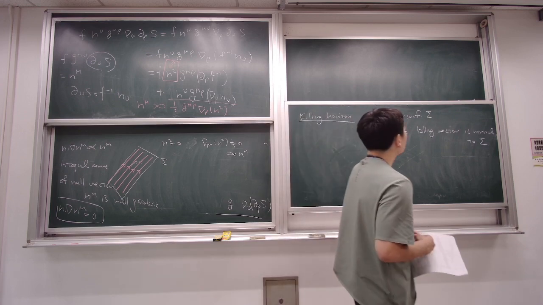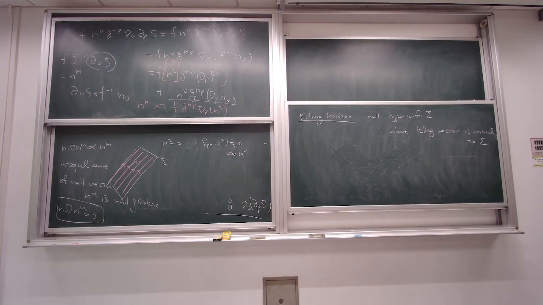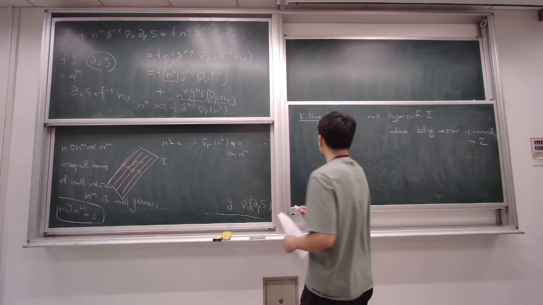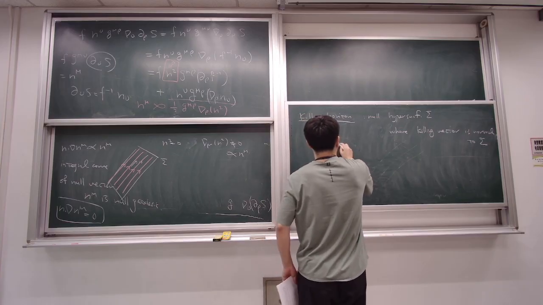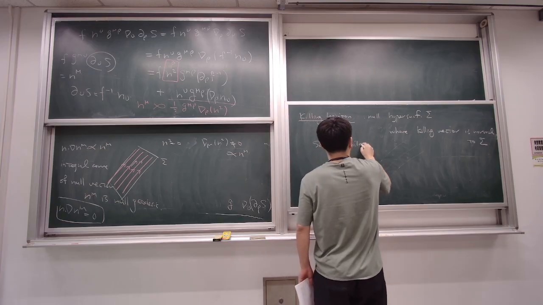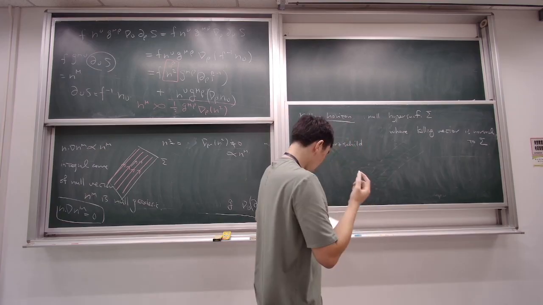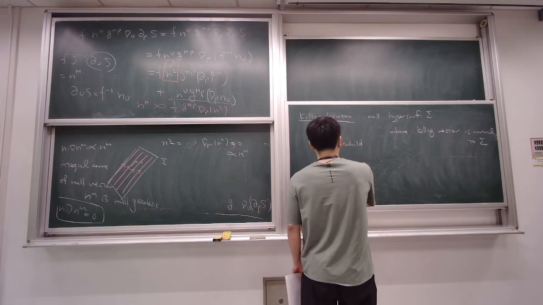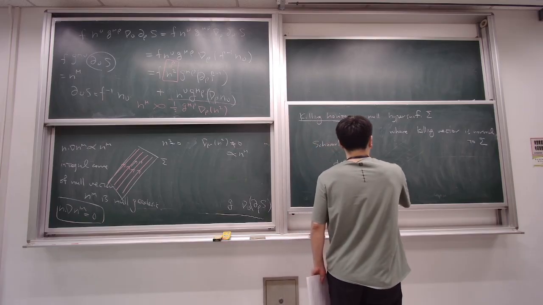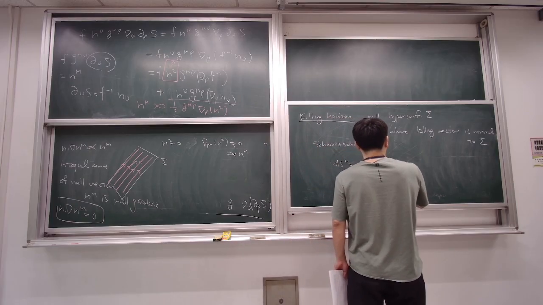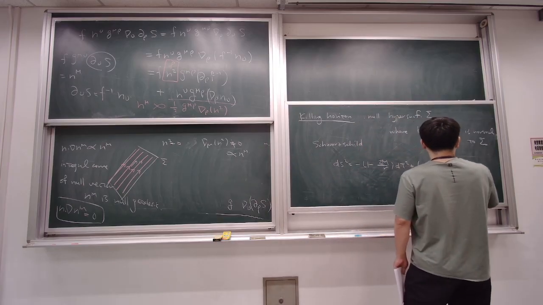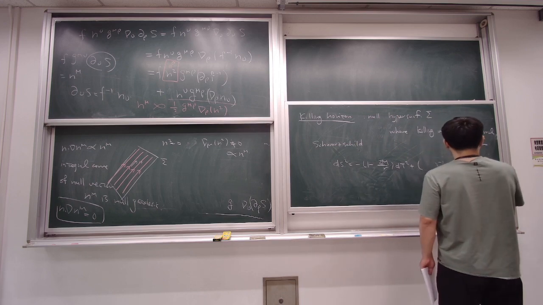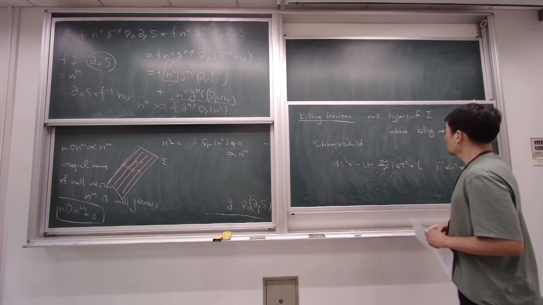We know Schwarzschild. If you consider ds² = -(1 - 2m/r) dt² + (1 - 2m/r)⁻¹ dr² + r² dΩ².